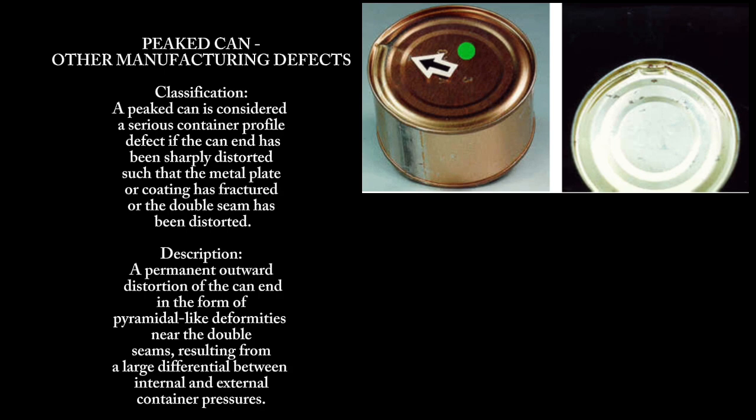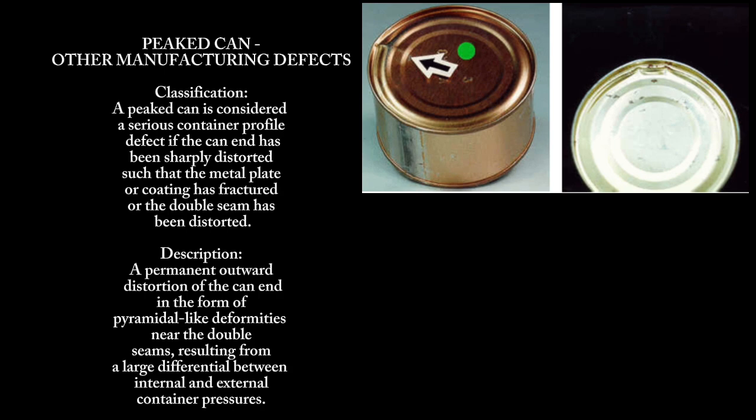When the pressure imbalance is severe, it can cause the metal plate or coating to fracture and can distort the double seam, compromising the can's structural integrity. Excessive peaking can weaken the can and make it more prone to failure during handling or further processing. This defect is also referred to as buckling or a buckled end.